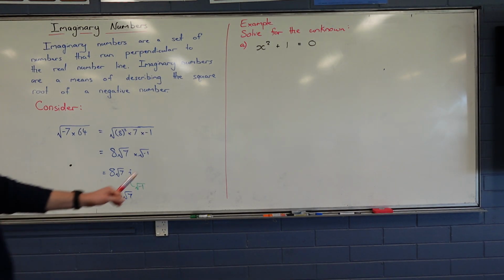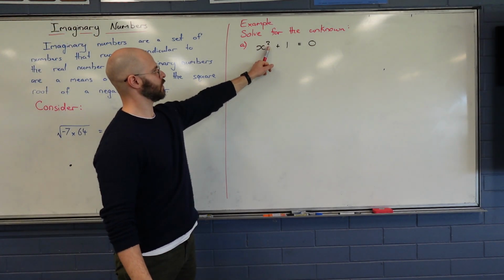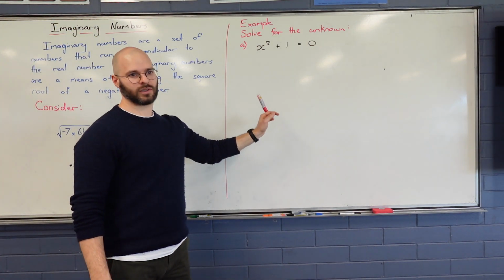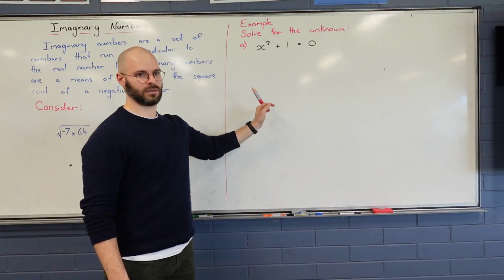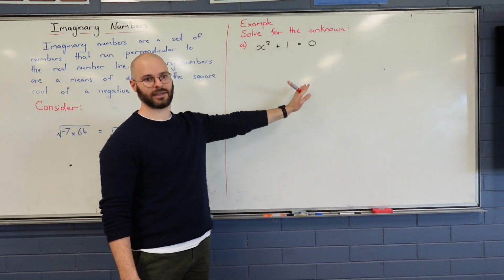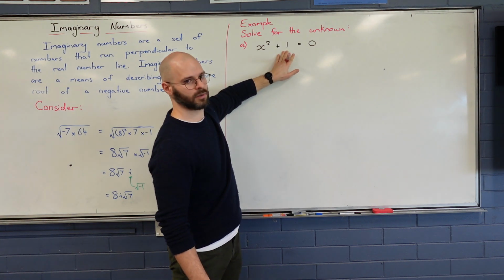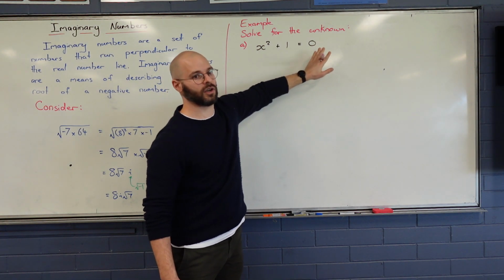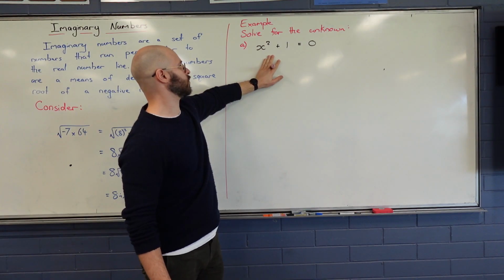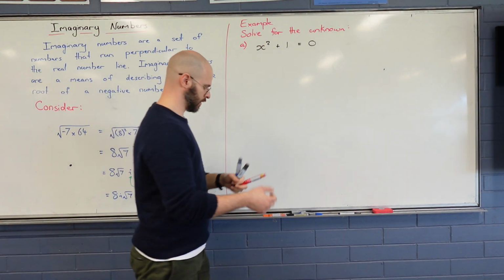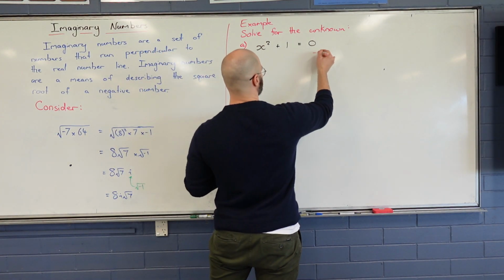But x is being affected by the square symbol. Where do our constants belong in equations? Which side, the left or the right? The right. Yeah, the constants belong on our right. Our unknowns belong on our left. So what do we need to move to the right first? The 1.